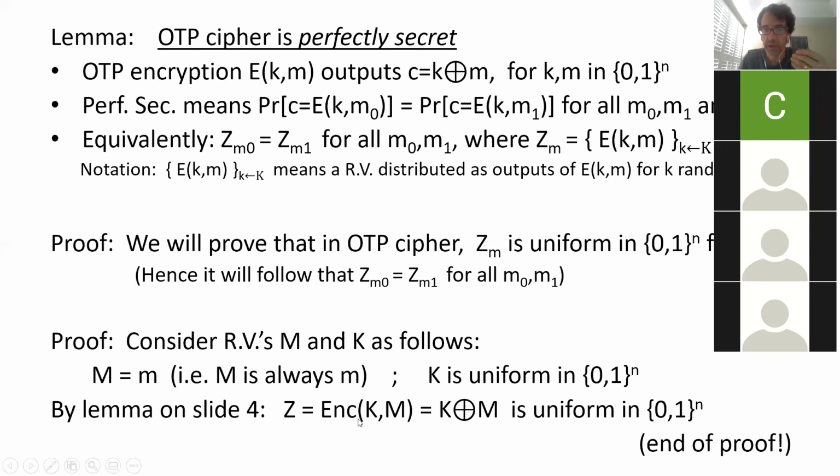So Z is an encryption of message M under key K. So it's K XOR M. But that was exactly shown a few slides back: no matter what M is, in particular when it's fixed, if the key K is a uniform, fresh, independent n-bit string, then the result of this XOR is distributed as a perfectly uniform n-bit string. So we already did that. Maybe this is a good place to ask questions.